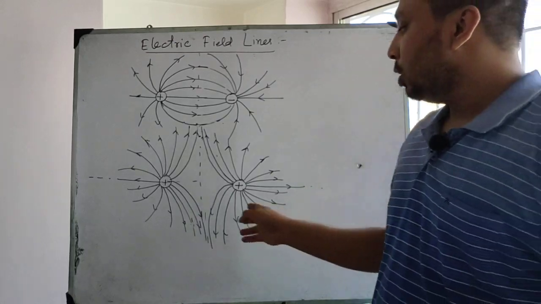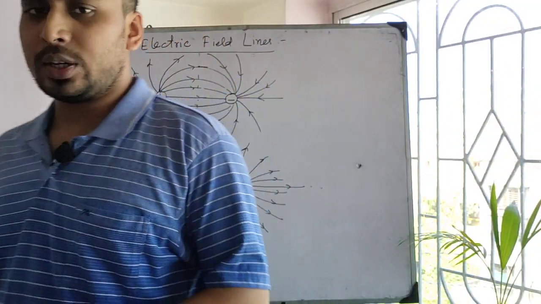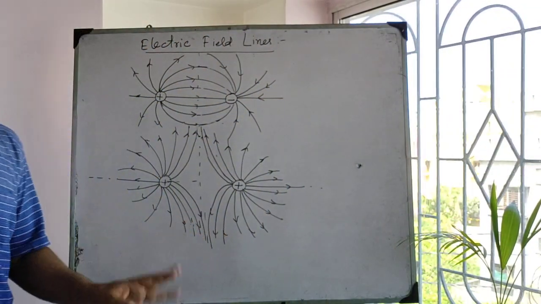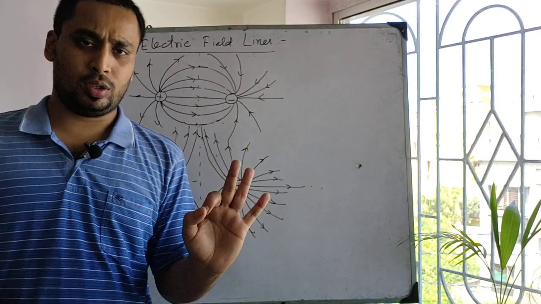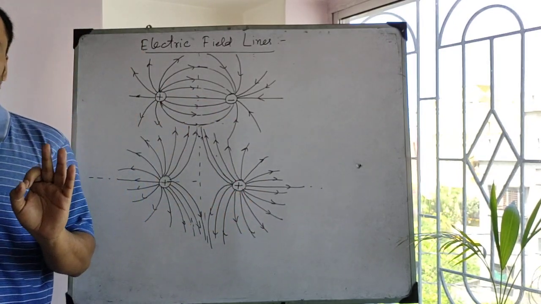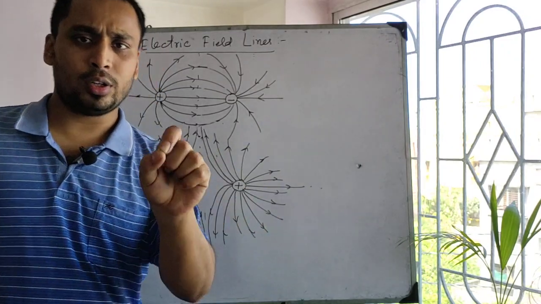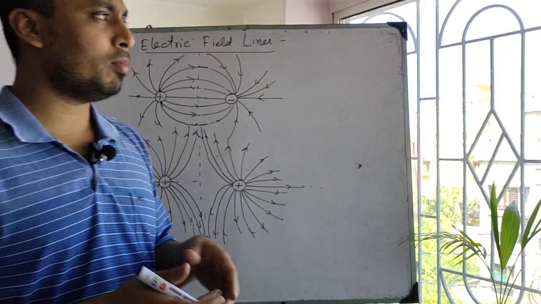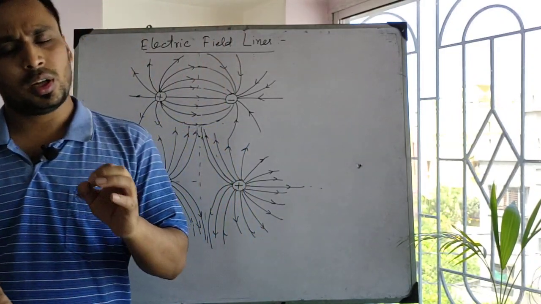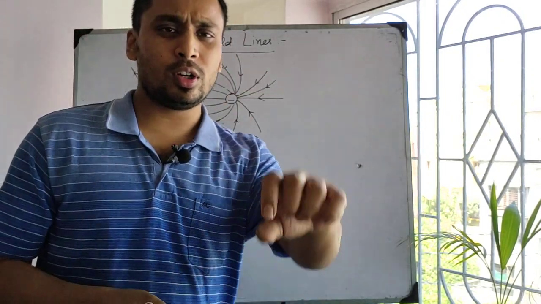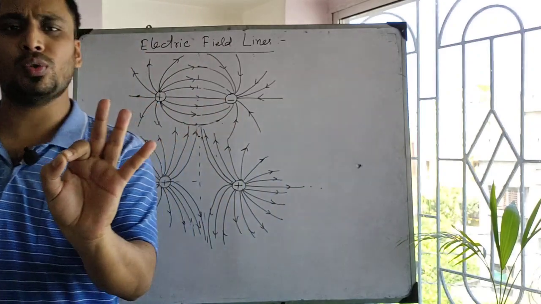Remember that two field lines never intersect each other. Okay, because the direction of field lines at a point is unique. There is both the magnitude and direction at a particular point, that is the electric field at a particular point is unique.